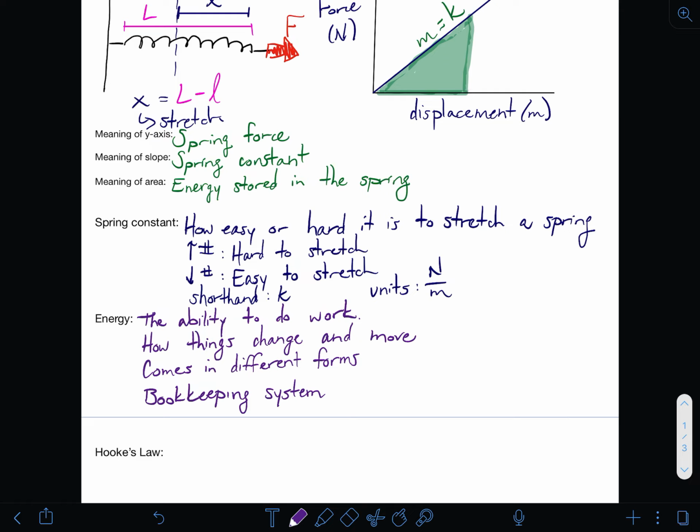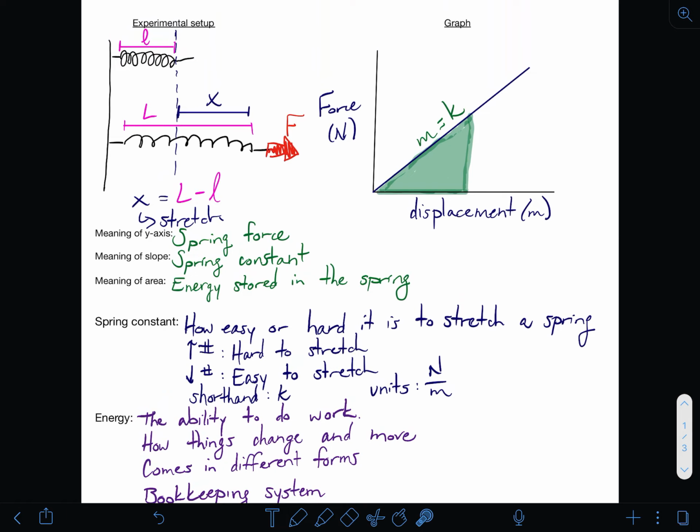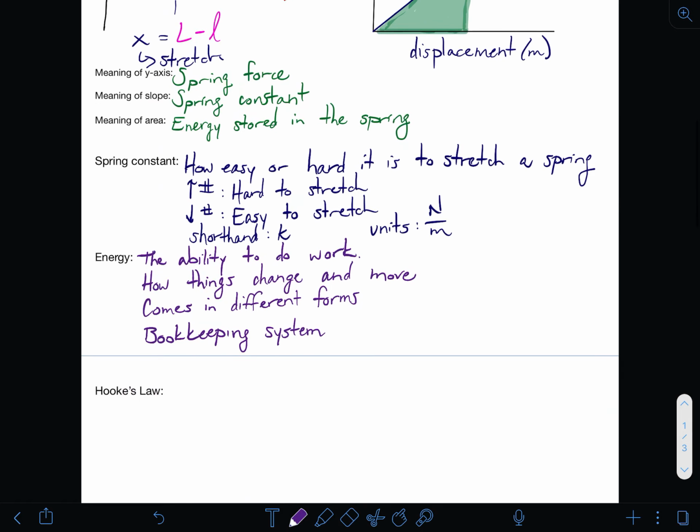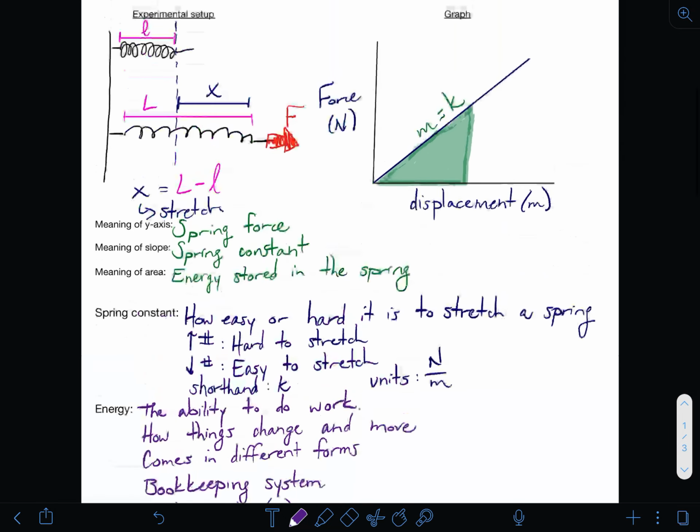So what we can do, right, is we can always be able to calculate energy. Oh, by the way, the unit for energy is the joule, which is usually just abbreviated as a capital J. Now, if we wanted to, we can always look at a force versus displacement graph, calculate this area, and now you will know how many joules of energy a particular object contains.